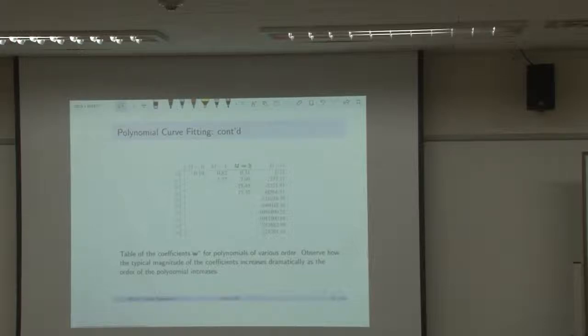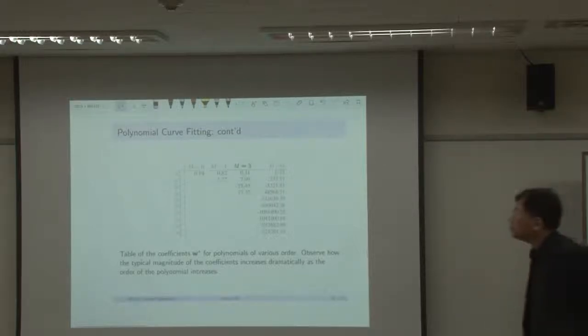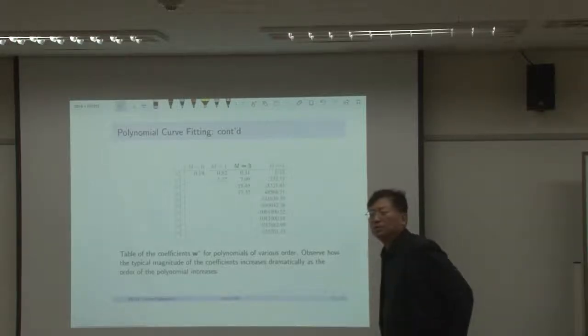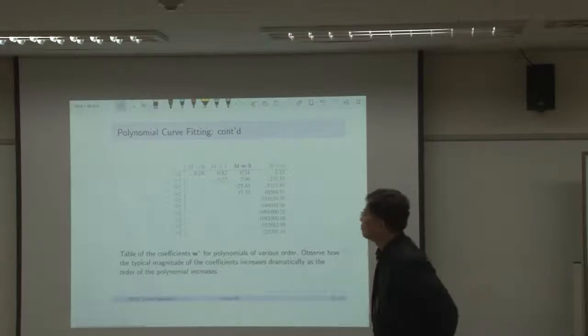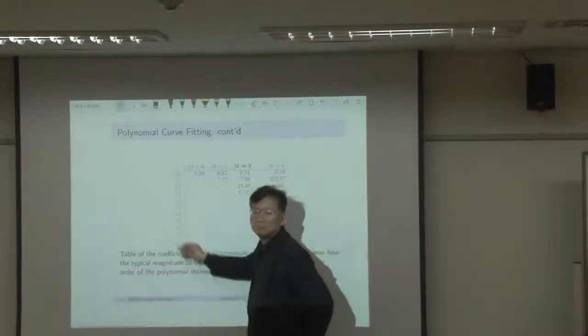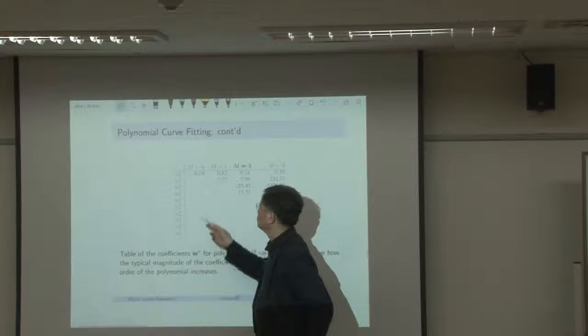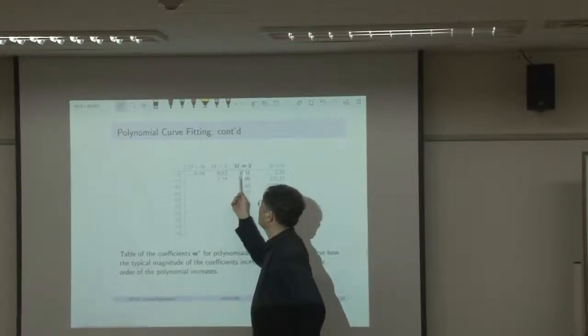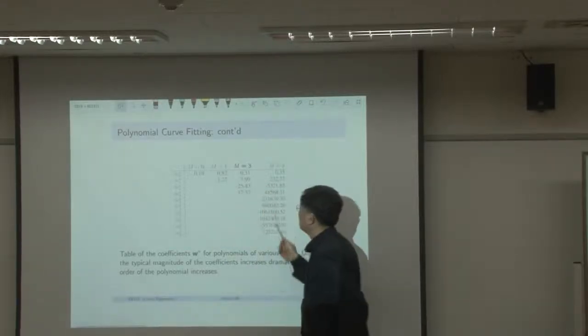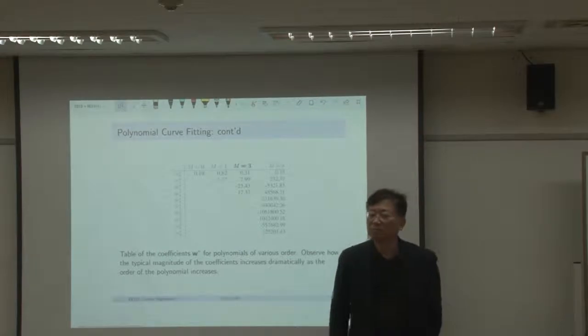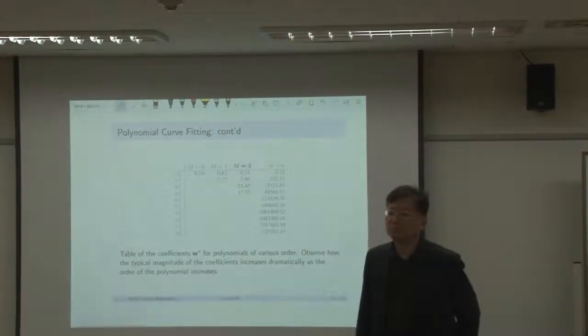Look at the coefficients. M equals 0 through 9. These are the W's. From the coefficients, can we see overfitting?